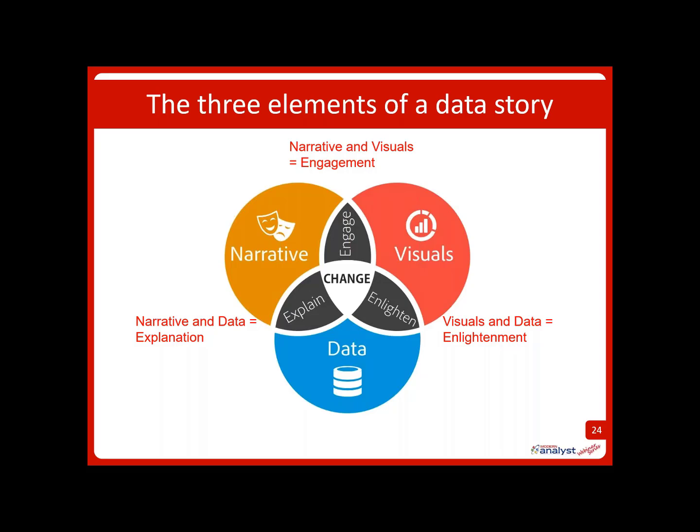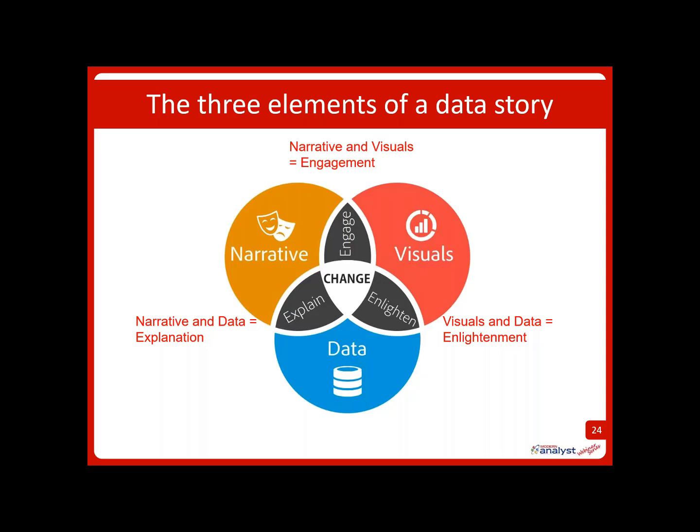If I combine narrative, I'm giving you a narrative now, with visuals, that provides engagement. And you can make the visuals bounce around the screen and all of that. Could be complicated, and it could be disconcerting, annoying. But we're going to get engagement because I'm occupying the audible, that's the narrative, and the visual, what you're seeing, parts of our brains. So we're getting engaged.